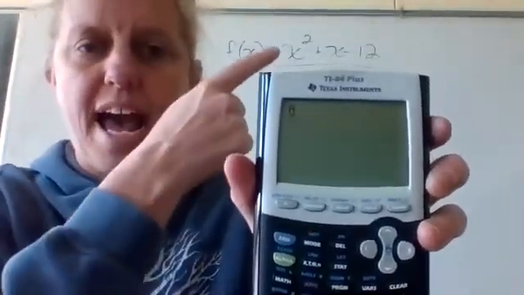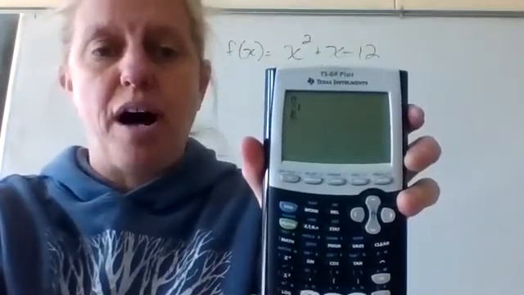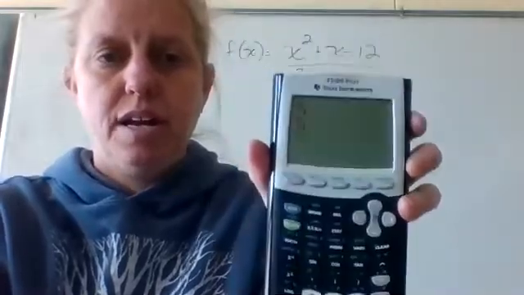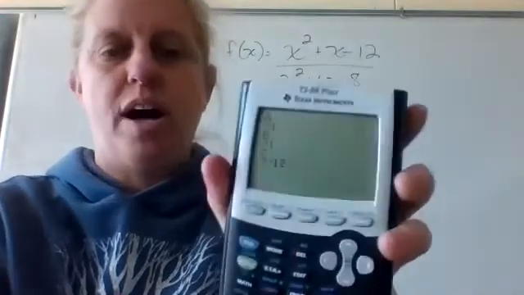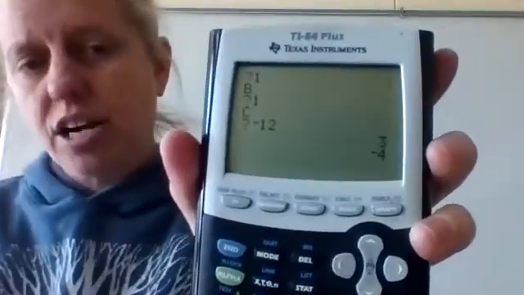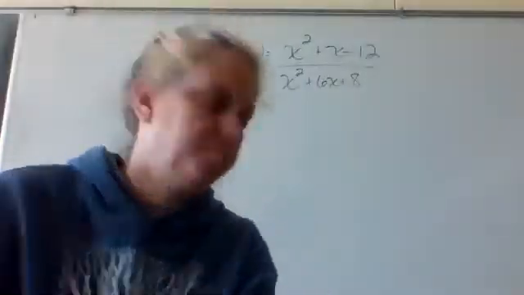So let's see, my A up top is 1. My B is also positive 1. And my C down there at the end, the constant, is -12. So there's the zeros of the numerator, 3 and -4.